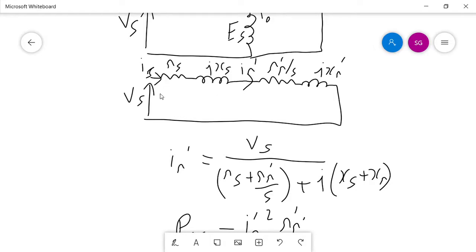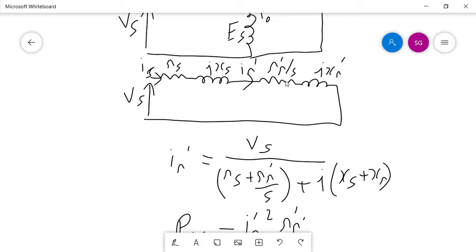So what we can see here is the supply voltage. These are the stator resistances, stator reactances. Then there is a rotor resistance which has been divided by S, the slip of induction motor. And this is the rotor reactance. These two are referred quantities from rotor to stator.